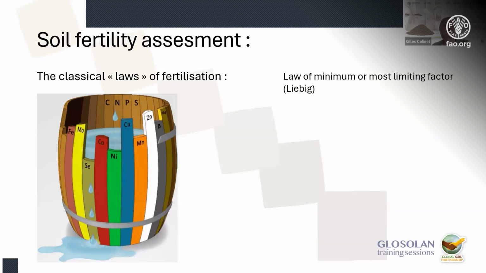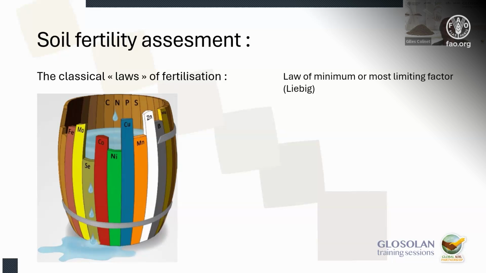follows what are called the classical laws of fertilization. The first one is the law of the minimum, or most limiting factor, which is also called the Liebig law of fertilization. It is often represented as a barrel. It means that the yield you can expect will be controlled by the lowest limitation, or the most limiting factor.